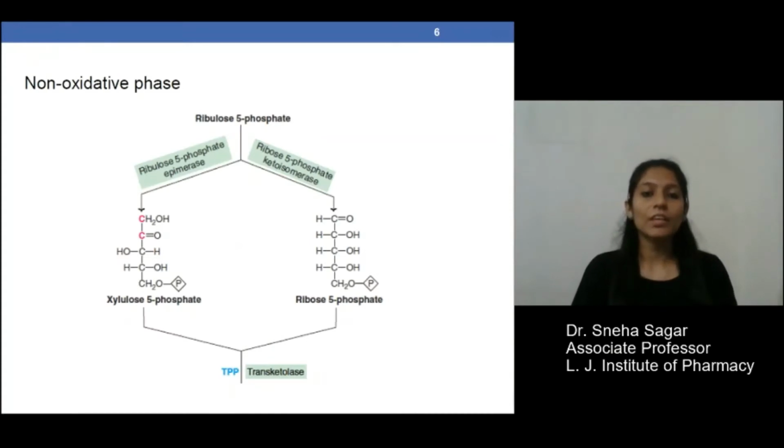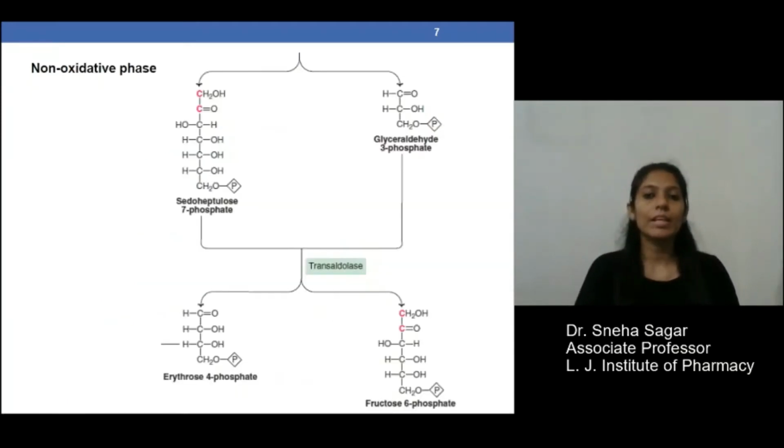Next reaction is conversion of ribulose 5-phosphate into xylulose 5-phosphate and ribose 5-phosphate, a type of epimerization and isomerization reaction. Further, it reacts with transketolase and forms sedoheptulose 7-phosphate and glyceraldehyde 3-phosphate.